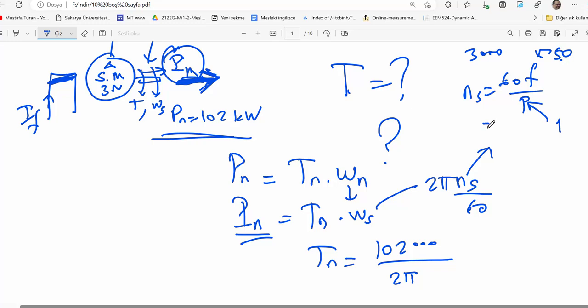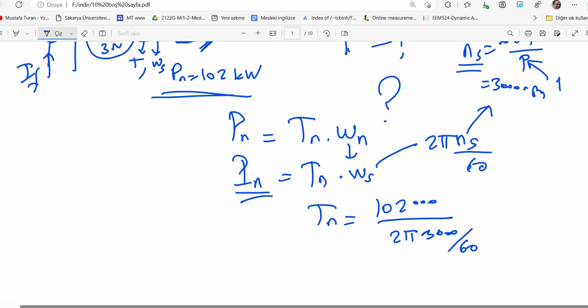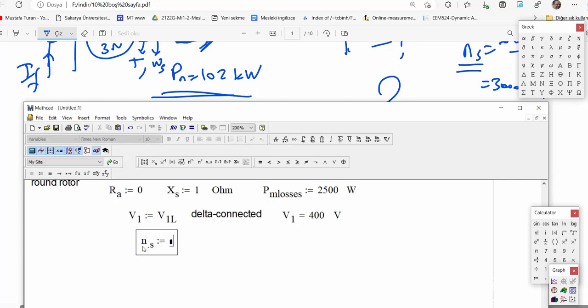That means synchronous speed is 3000 RPM.